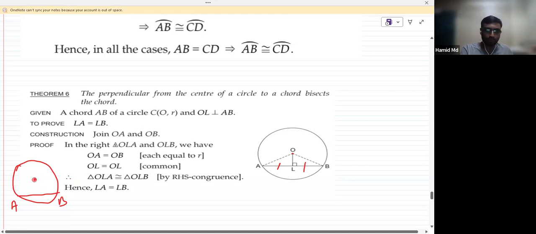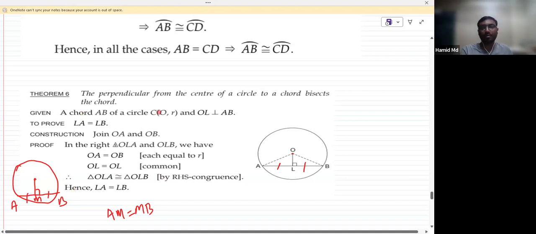If you draw a perpendicular over it, say this is M, then AM will be equal to MB. Got the point? Yes, sir. Because this perpendicular divides the chord into equal lengths. Okay, understood, sir.